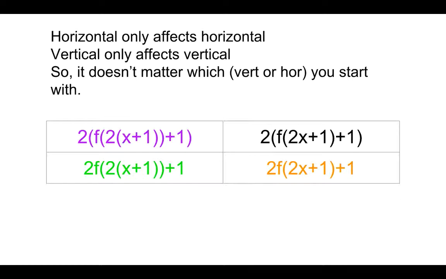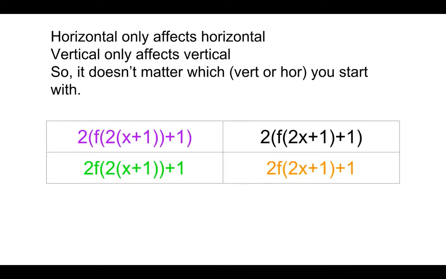One thing to remember is that the horizontal only affects the horizontal, and the vertical only affects the vertical. So whether you do your horizontal shift first and then your vertical shift, or your vertical shift before your horizontal shift, that doesn't matter. So that's not important.